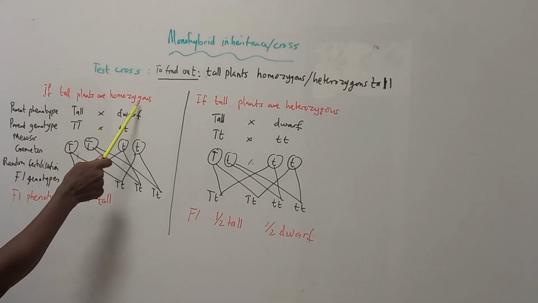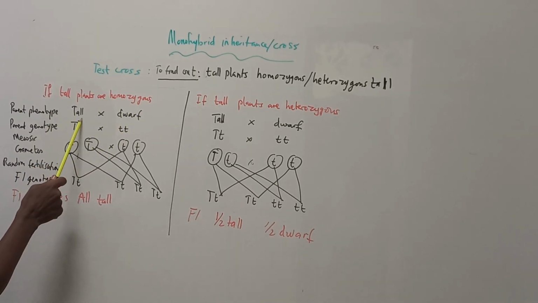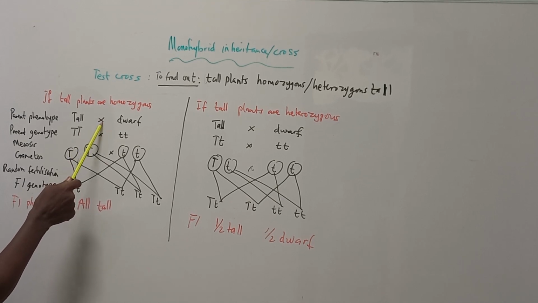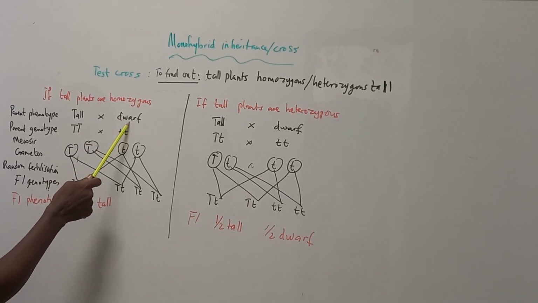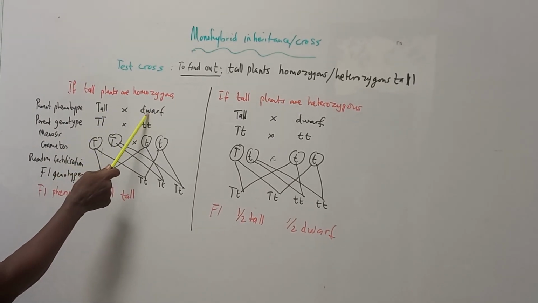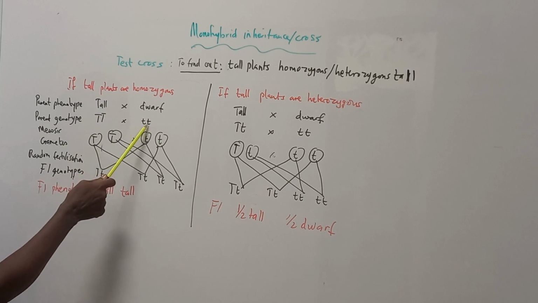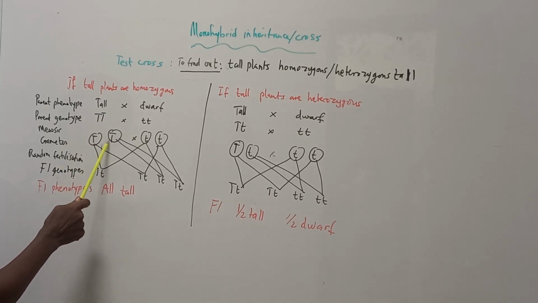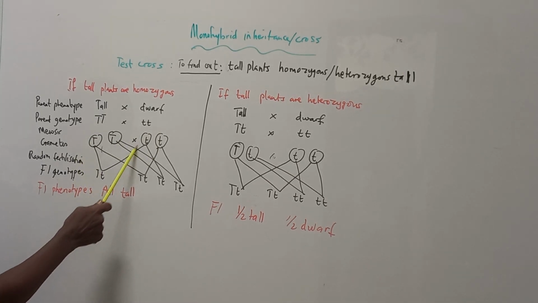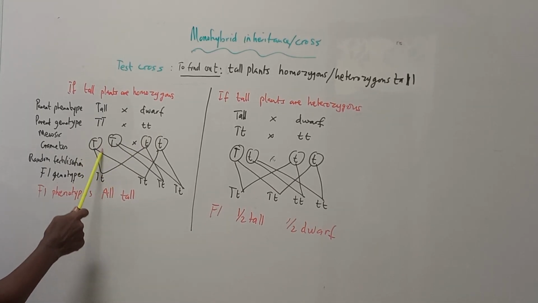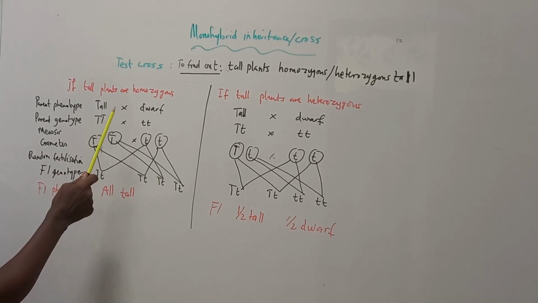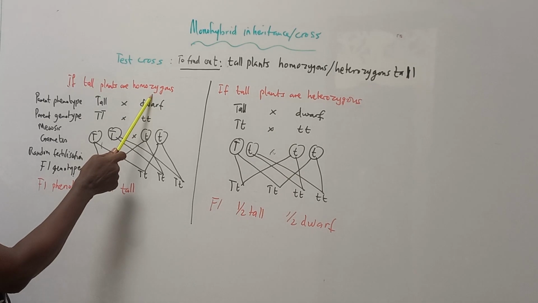If the tall plants are homozygous, then in the test cross we are crossing tall plants with homozygous dwarf plants. This is the parental tall against dwarf. Gametes will be all this, all that. Random fertilization will produce big T, small t. So all tall plants, if the tall plants are homozygous tall.